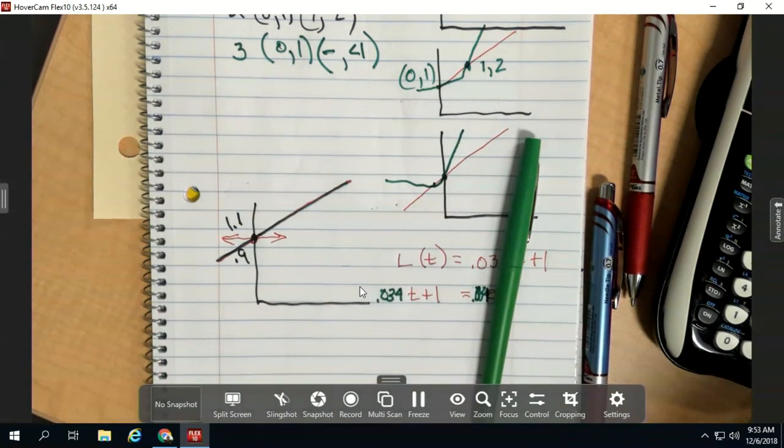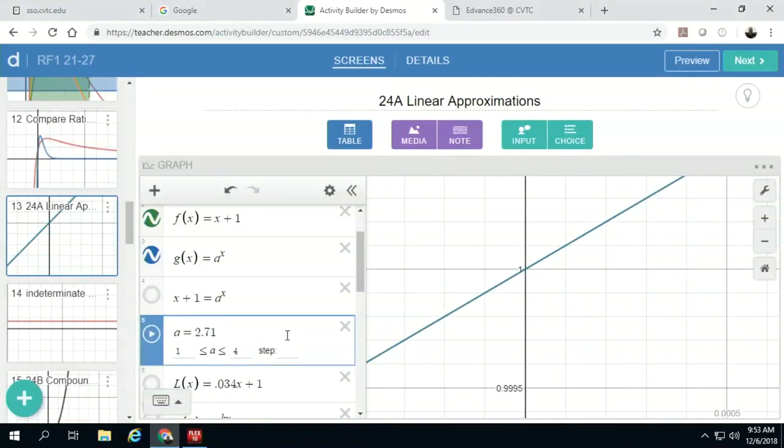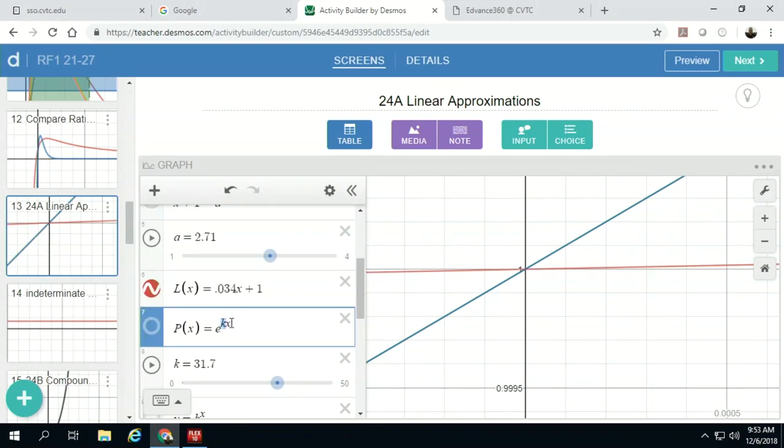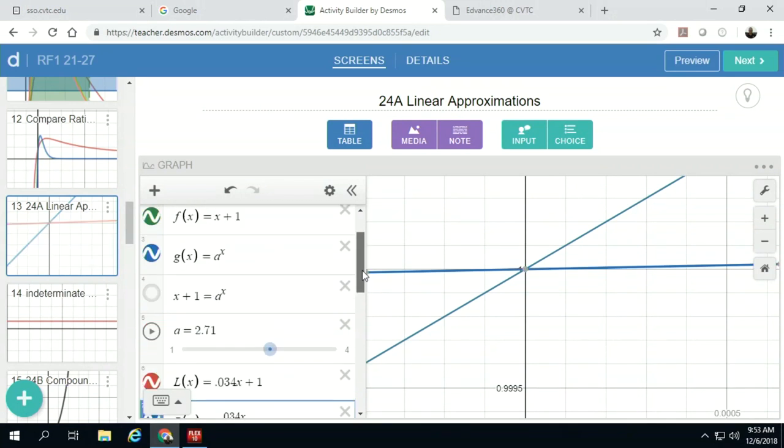Check your graph, it says. So in E3 or in Desmos, we would graph 0.034x, e to the 0.034 times x, and I got to turn off those other marks.